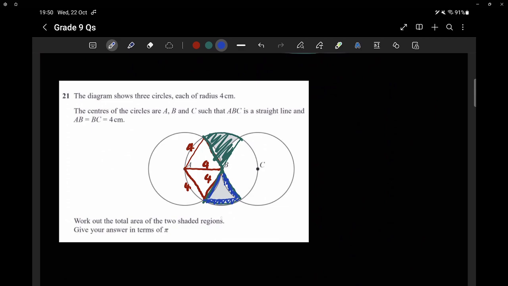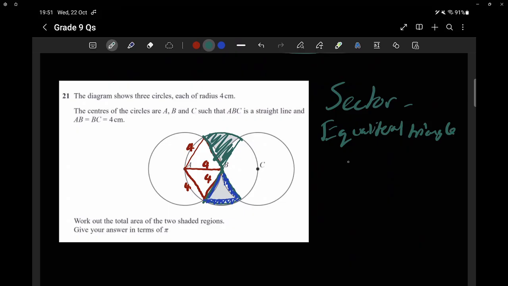And that, when you take that away, is the equilateral triangle. So what I'm essentially saying is the sector minus the equilateral triangle is equal to that segment of the circle.